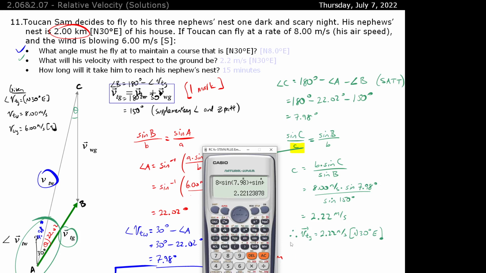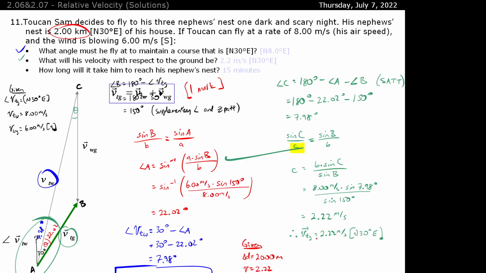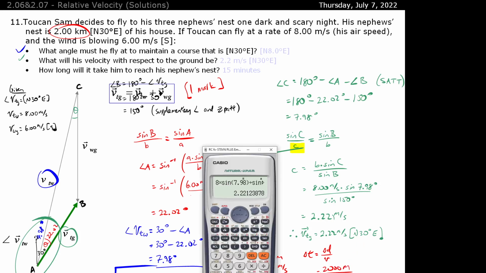I have it here, 2.221, just for good measure, meters per second. So then our delta T is equal to delta D over V. So 2,000 meters divided by 2.221 meters per second. Calculator time.